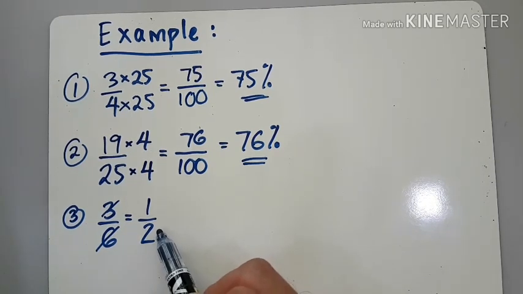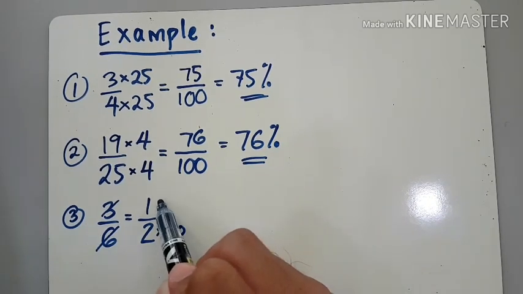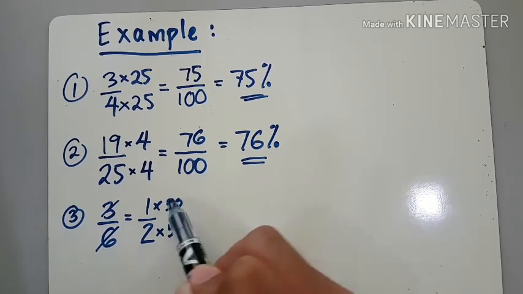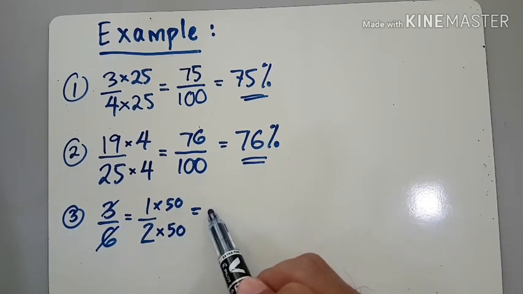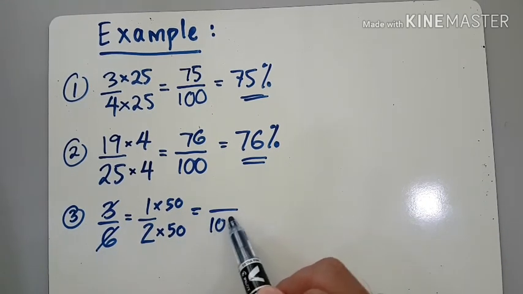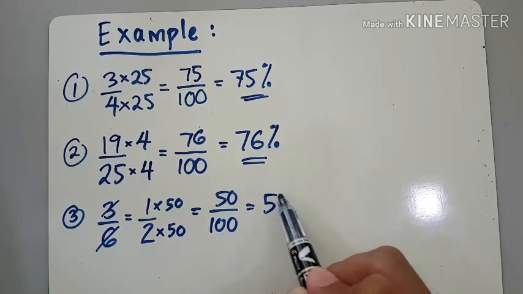Yes, of course you can. So first, 2 you multiply by 50, and then 1 you multiply by 50, and you calculate 50 over 100. So the answer is 50%.